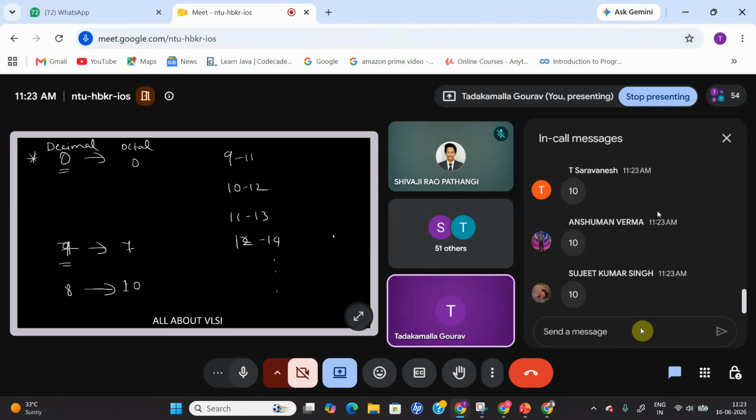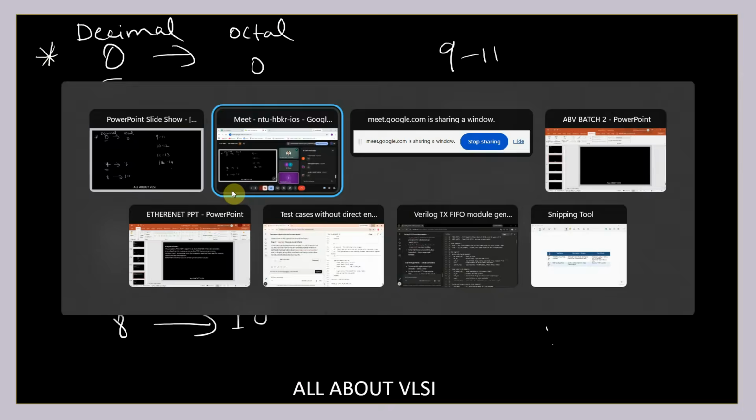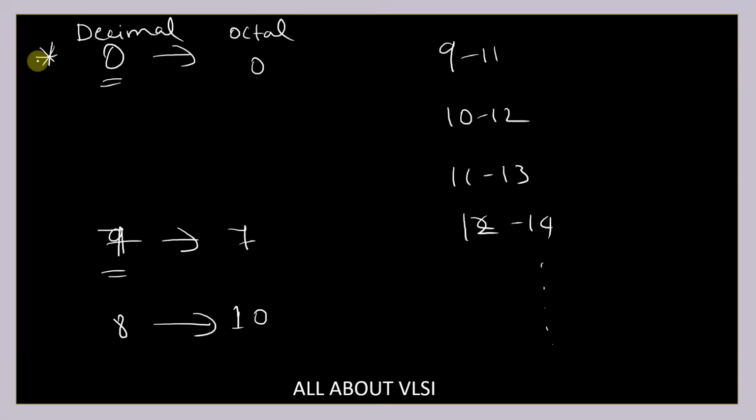Okay. Now, let's say I want to convert any number, it may be binary, octal, or hexadecimal, into decimal format. What is the process, guys?